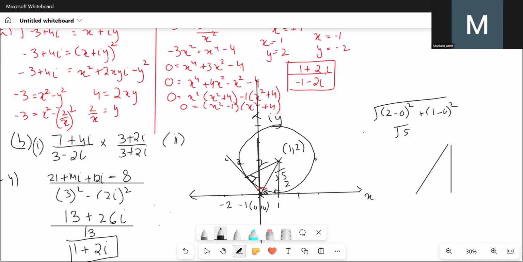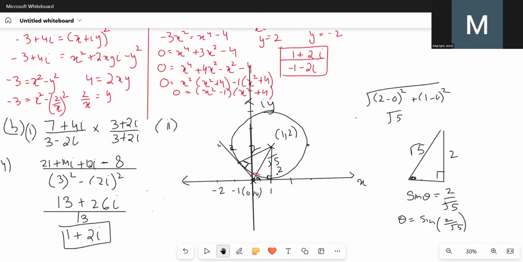So this is 2, that's under root 5, and that's a 90 degree, and we're going to find this angle. So we're going to use sine theta is equals to opposite over hypotenuse, or theta is equals to sine inverse 2 upon under root 5, whatever that is. Okay. Next, we're going to use the other triangle, which is something like this. We know this is 2 and this is square root of 5.